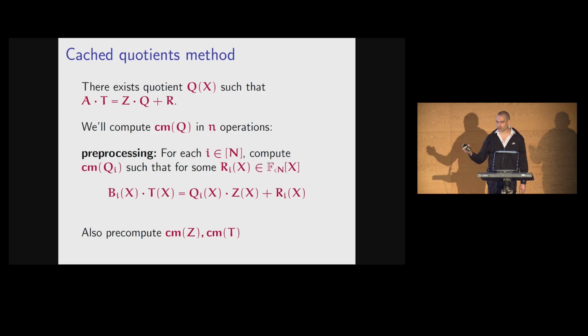And yeah, we're also going to pre-compute the commitment to this z and t, the t that we're multiplying and then dividing by. Remember, this method works when z and t are predetermined.